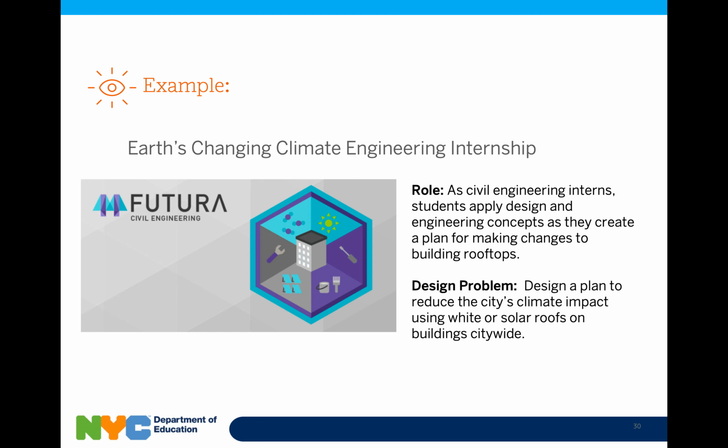So they have to be very careful about which solution they choose for different rooftops. And sometimes it's better to not put white paint or solar panels. Ultimately, students will come up with their own designs and then be able to propose and say why they think their design is the best and best optimizes for those design constraints.